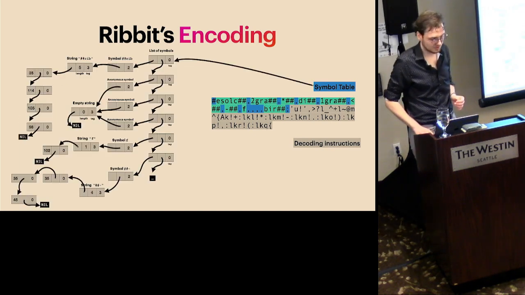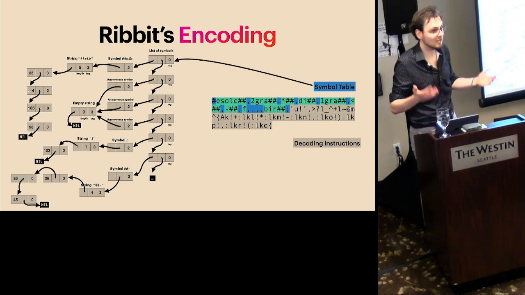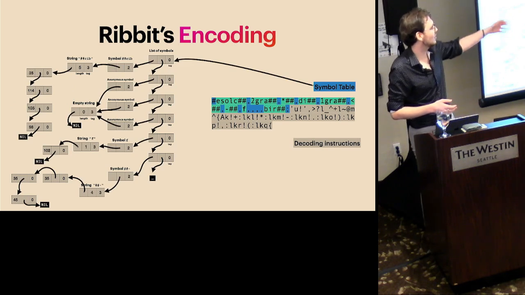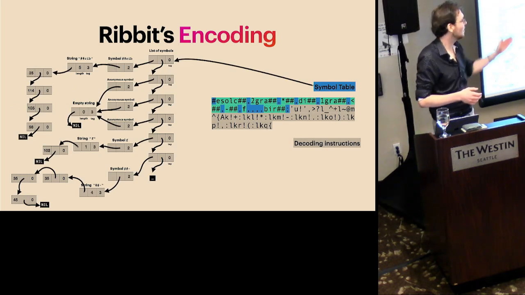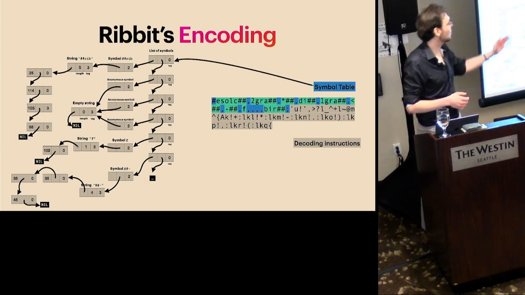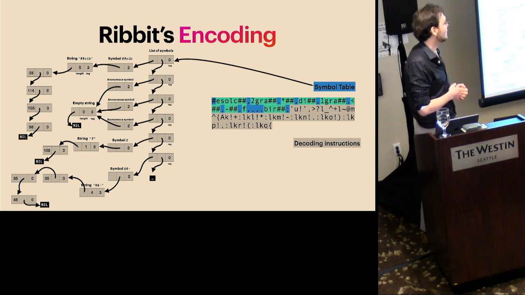We also have the symbol table, which is going to be represented as ribs in Ribbit. Here we have a linked list. The first one is the list of symbols, with the tag that starts with 0. Each of them links to a symbol in the symbol table.